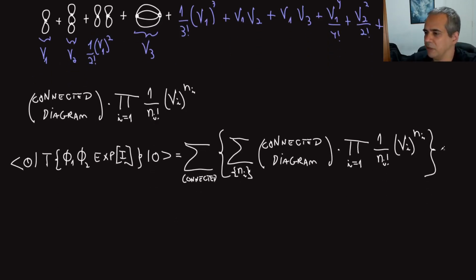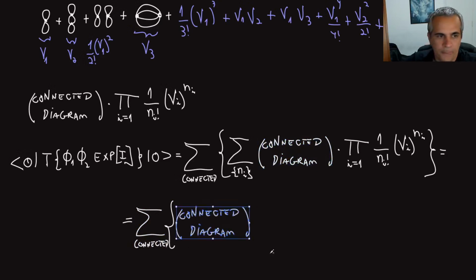So they can be brought over here, right? And written as the sum over the connected diagrams multiplied by this times this one.